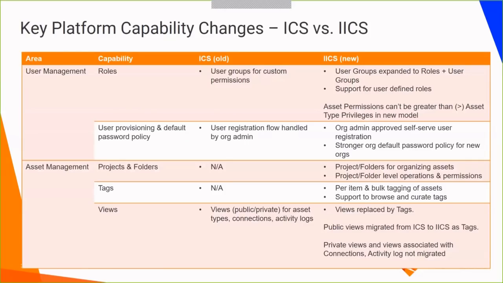So there are some key changes in terminology. Some of this has already been covered by Dilip, but roles: in ICS, we had something called user groups. Now, user groups are being mapped into roles in IICS.